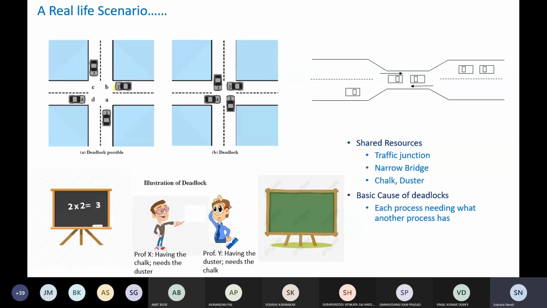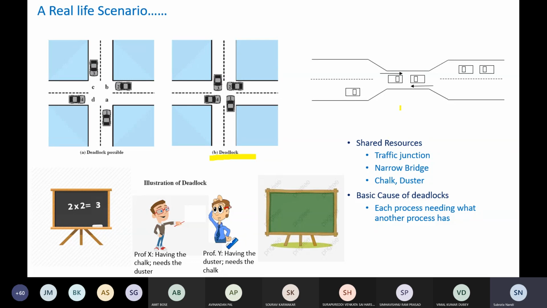But if the lights are suitably operated, if one of them is green and the others are red or yellow, then there will be no deadlock. This is quite rare, and such a situation can trigger only if all the lights are green. So cars from all sides will approach and nobody will be able to proceed. So these are the cases where deadlocks occur.